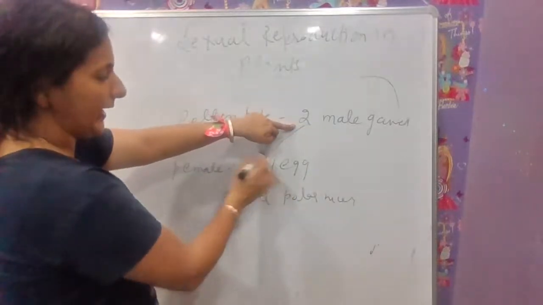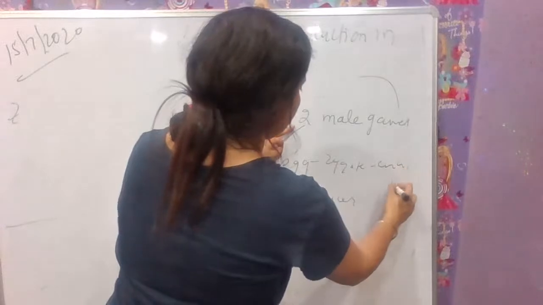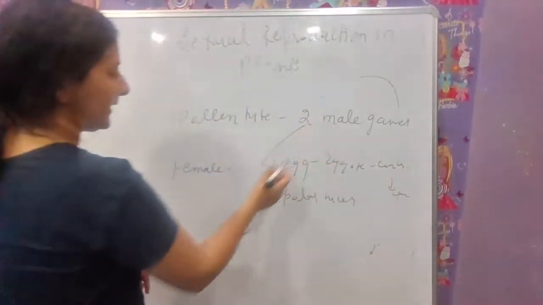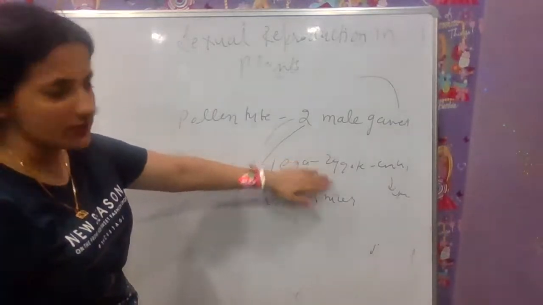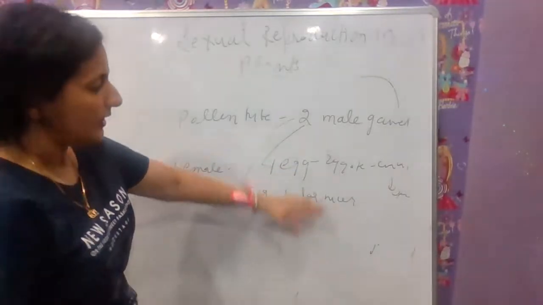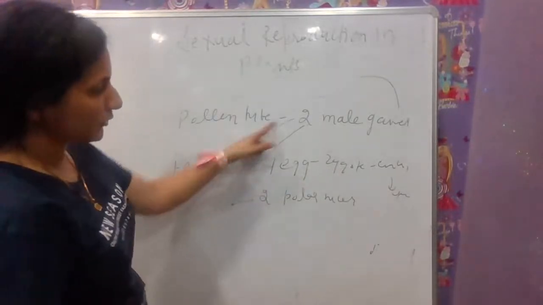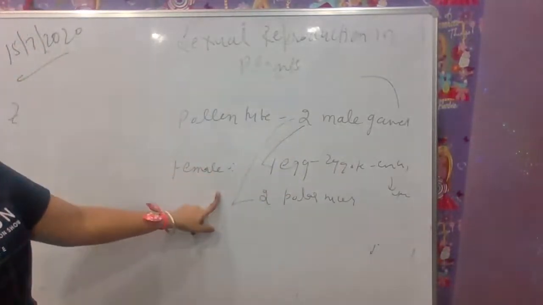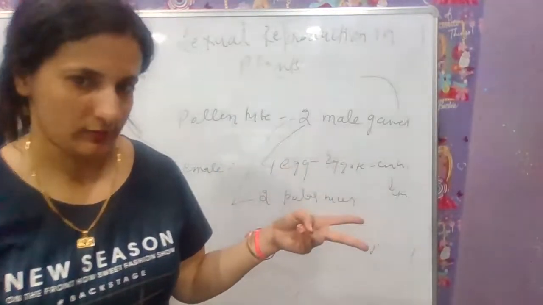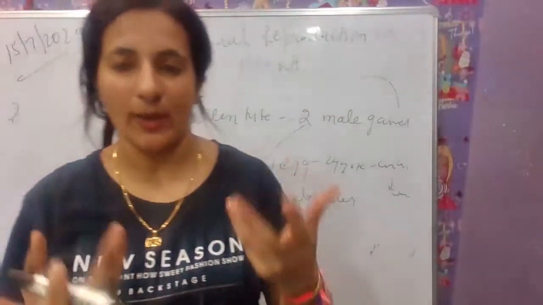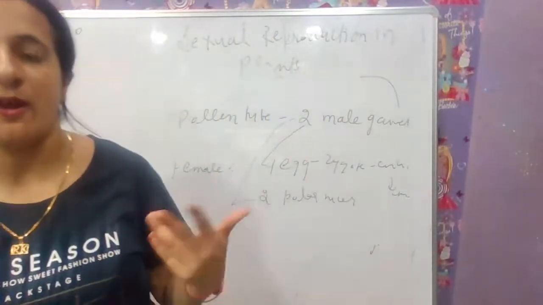One male gamete fuses with egg, forms zygote, embryo, and seed. And one male gamete fuses with two polar nuclei. This is one fertilization. This is one fertilization. Collectively, it is called double fertilization. And it is also called triple fusion. 2 plus 1, 3. So this is called double fertilization. In this way, fertilization takes place.